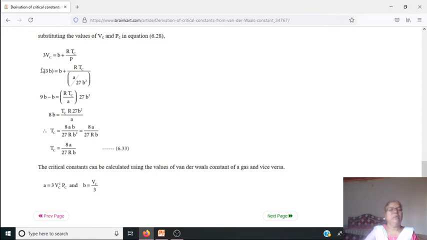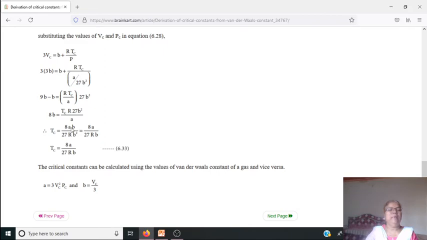Therefore, here we can write 3 in a bracket 3B is equal to B plus RTc, and substituting the value of Pc here, A by 27B square, and solving this we get 9B minus B is equal to RTc by A into 27B square. Therefore, we get 8B is equal to TcR into 27B square upon A.